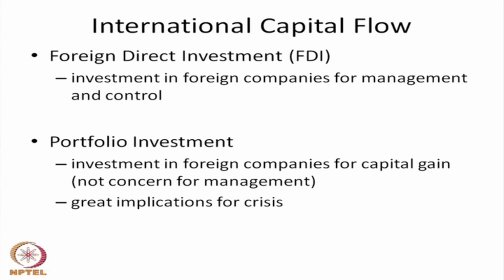But in foreign direct investment, they are directly investing in the development of the company, in the management and ownership of the company. They own the company, they bring the new technology, they bring new business process, they participate in the day to day activity of the company, and once they invest, it is very difficult to go out from the system. So, foreign direct investment is a longer process, it is participation in the development of the company, development of the country.